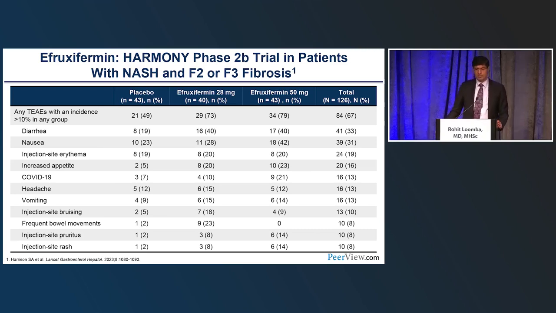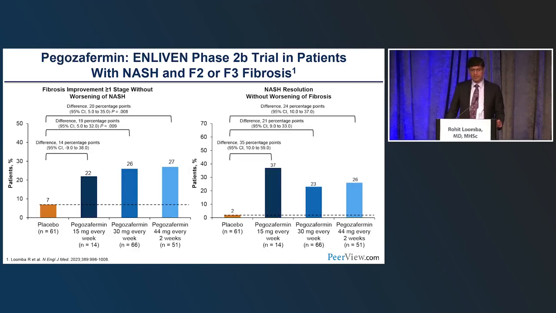We also noticed some injection site erythema and increased appetite as opposed to decreased appetite that is typically seen with GLP-1 analogs. There's some injection site bruising as well, and minor headache.